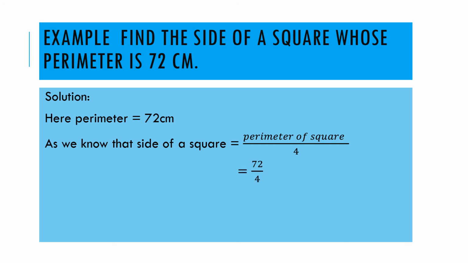Perimeter is 72, 72 upon 4 is 18 centimeter. It is the side of a square. If you add 18 plus 18 plus 18 plus 18, 18 four times, we get 72 centimeter, which is the perimeter of the given square.